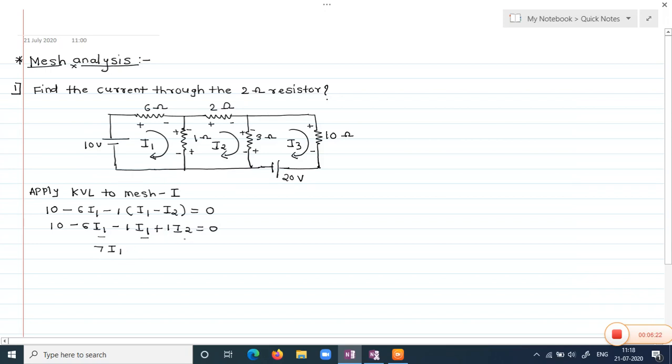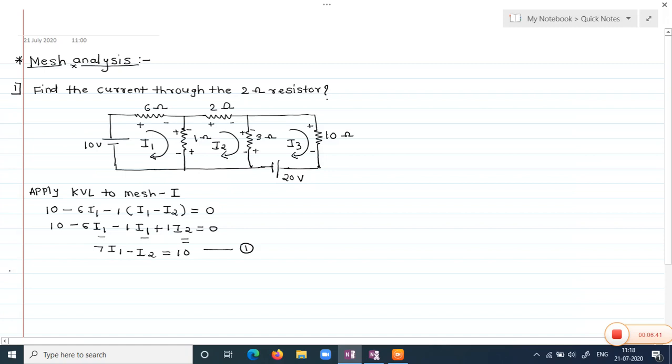And I2 has a plus sign, so you will get here minus I2. The 10 volt as it is, we have kept outside. That is equation number 1.